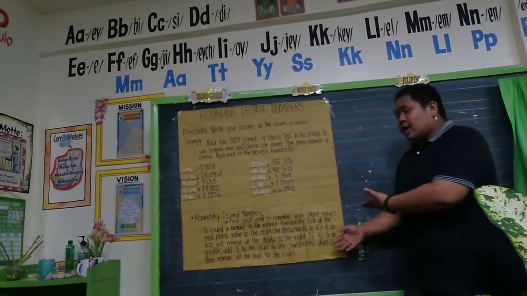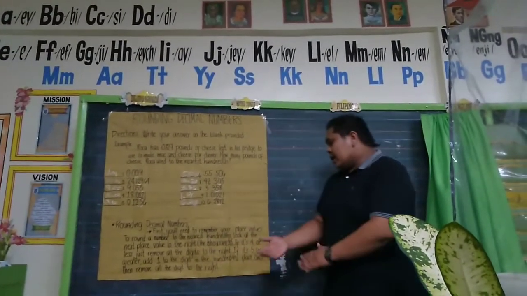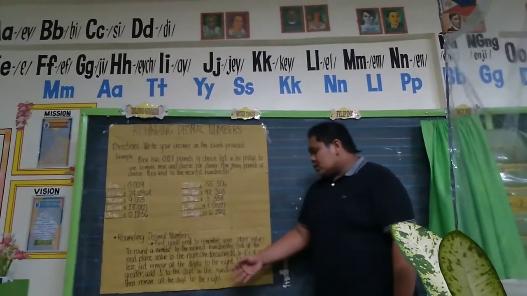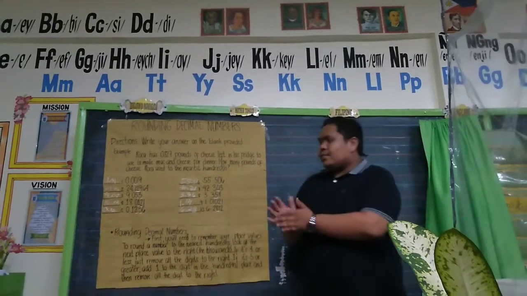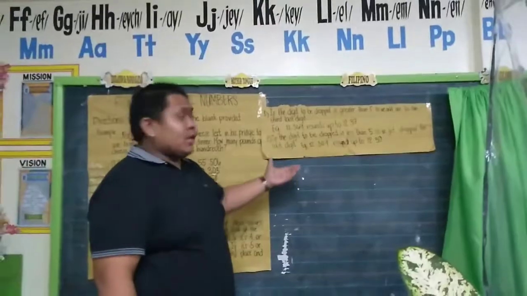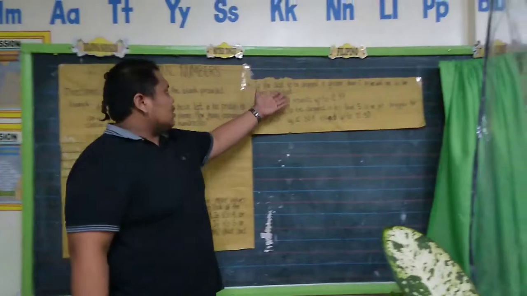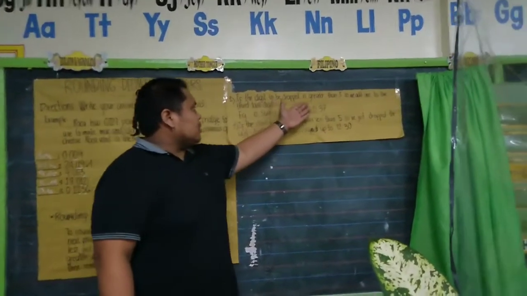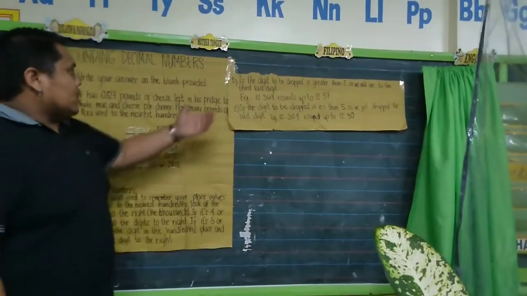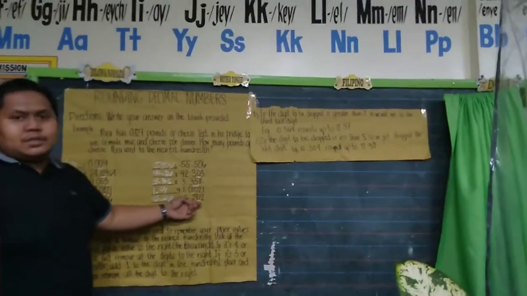If it is 5 or greater, add 1 to the digit in the hundredths place and then remove all the digits to the right.